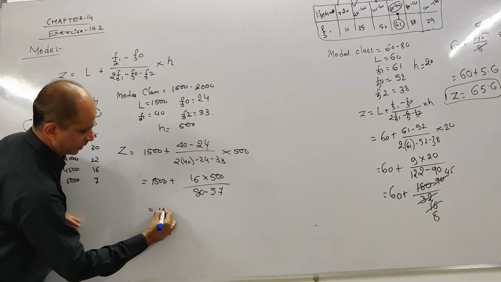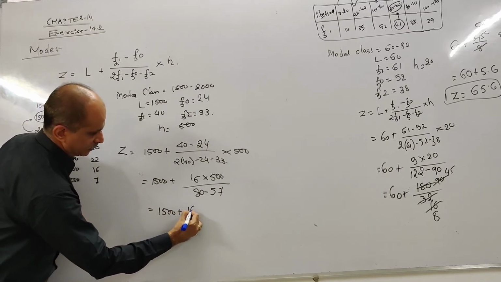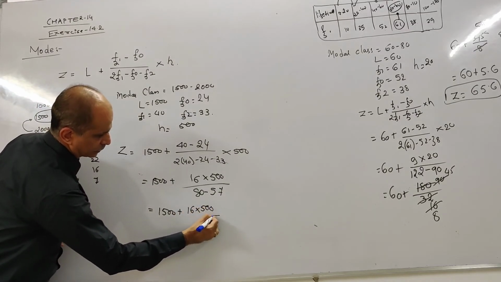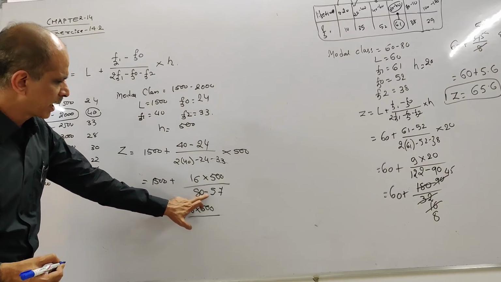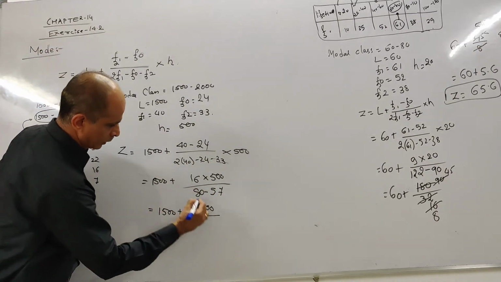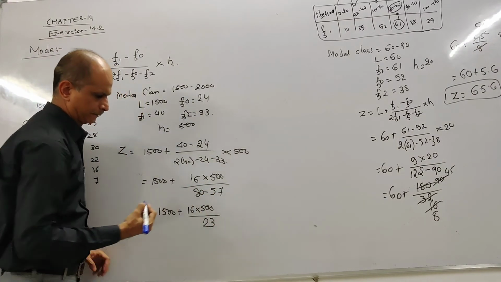So 1500 plus 16 into 500 upon 80 minus 57, 23.